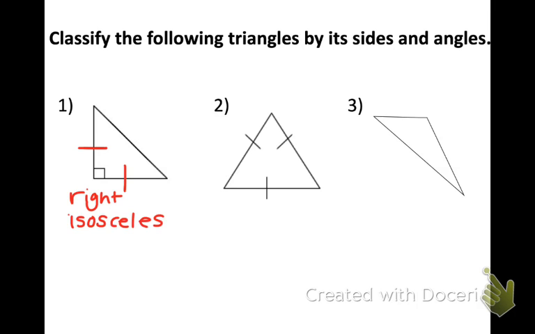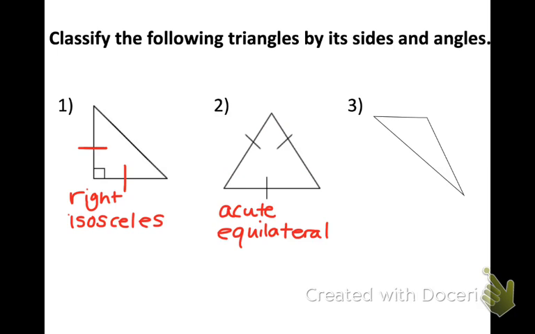Number 2, equilateral. What about the angles? Equiangular. Well, do we have that for sure? Yes. You have arcs inside the angles? Sure. Equilateral, acute. These arcs inside would need to be there. Easy.